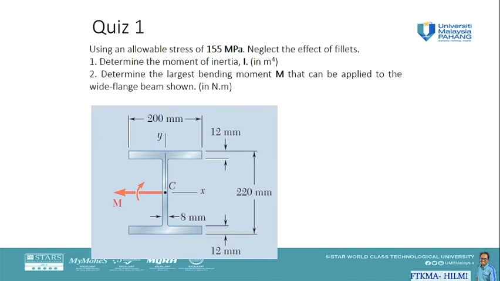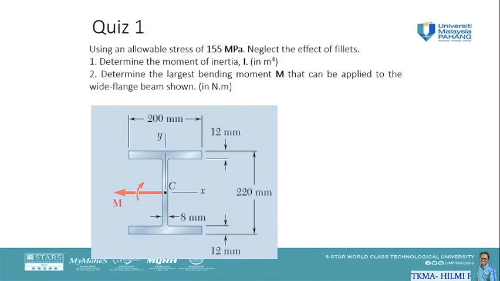Okay, we have finished this lecture. I have a two-question quiz for you to answer. The first question is a W beam with allowable stress 155 megapascal. Neglect the effect of the fillet stress concentration.